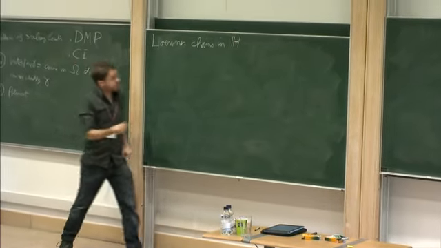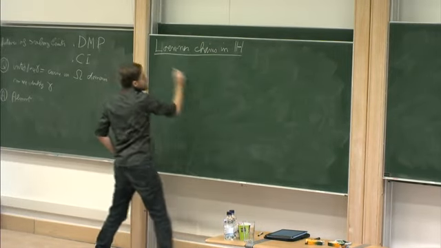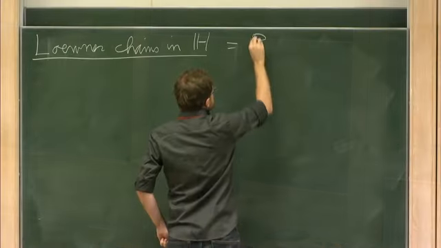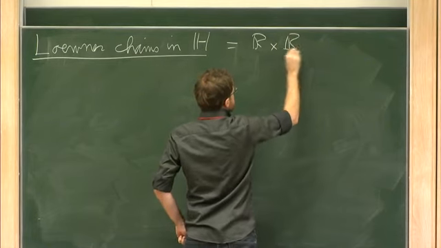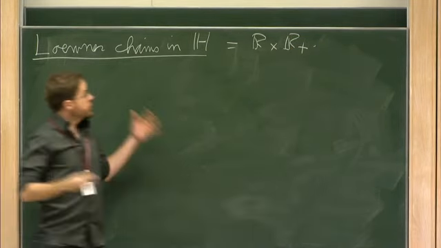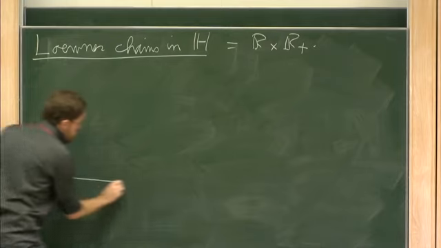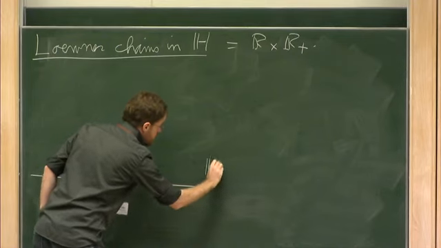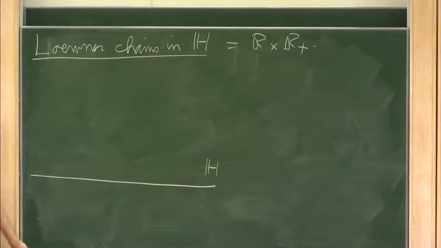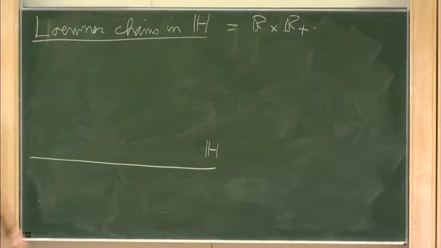So H is the upper half plane. So it's R times R plus. But it's really seen as one half of the complex plane, so it's really a piece of the complex plane. So here is H, so that's the upper half plane. And we have some interface, so some curve.